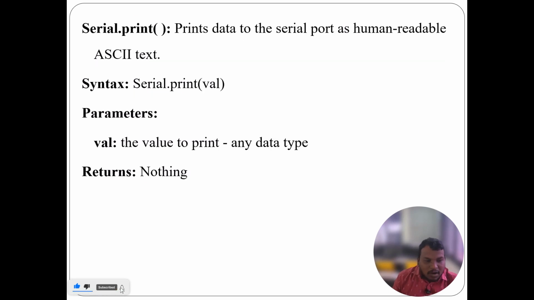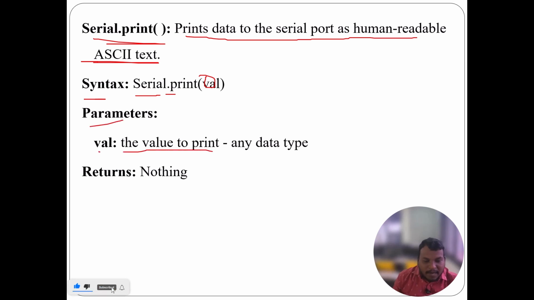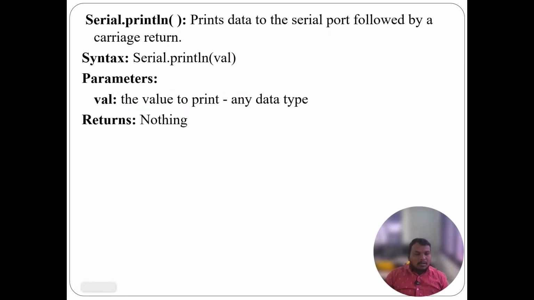Next is Serial.print. It prints the data to the serial port as human-readable ASCII text. Syntax: Serial.print(value). The parameter is the value to be printed, of any data type. Next function is Serial.println.